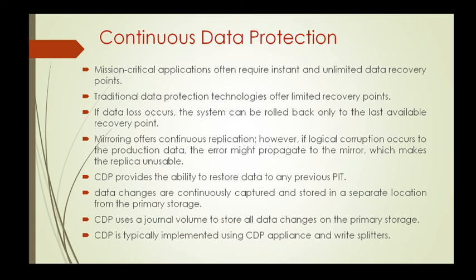Now, we shall study continuous data protection. In a data center environment, mission critical applications often require instant and unlimited data recovery points. Traditional data protection technologies offer limited recovery points. Thus, if a data loss occurs, the system can be rolled back only to the last available recovery point.